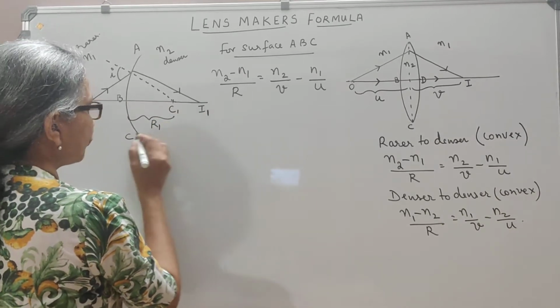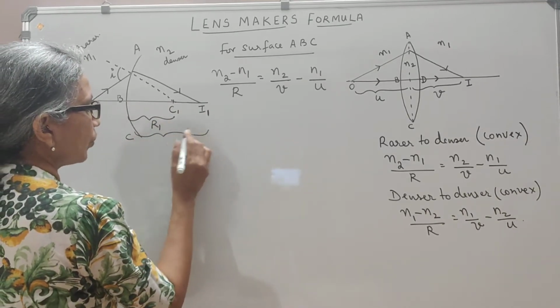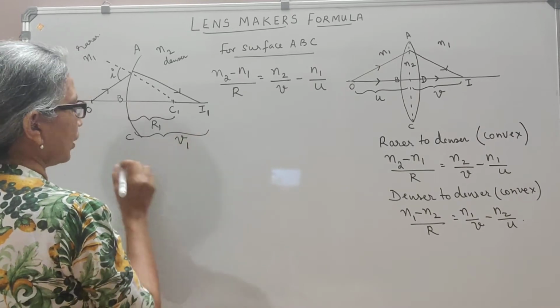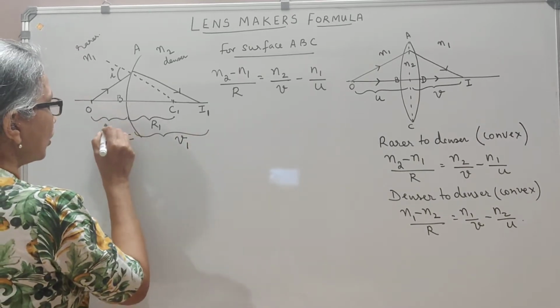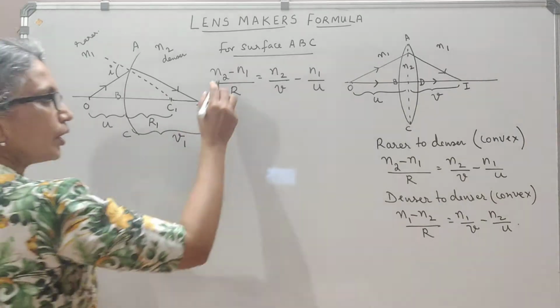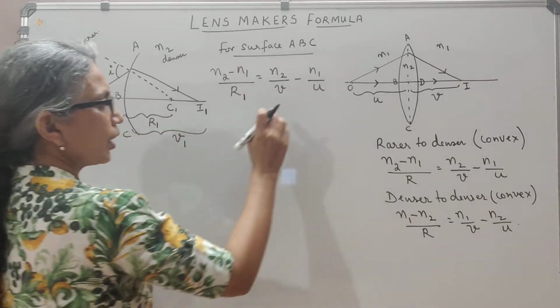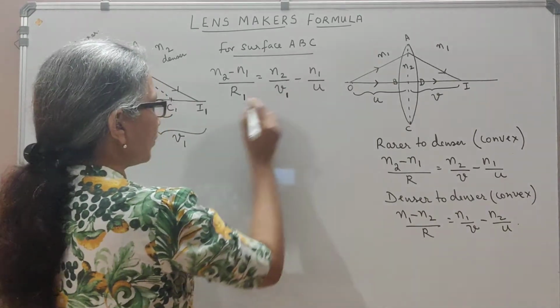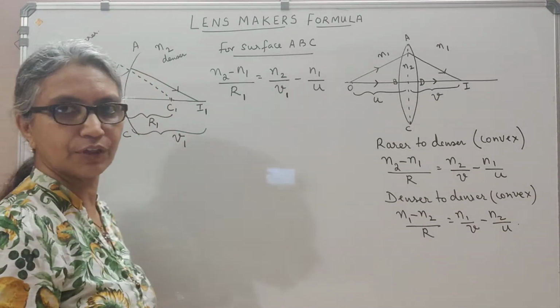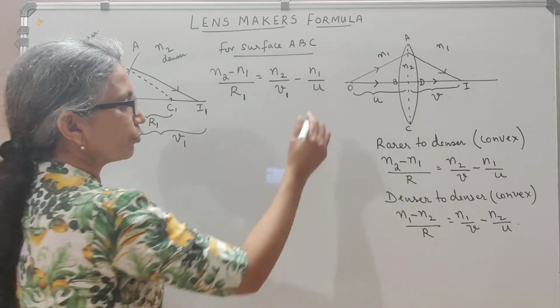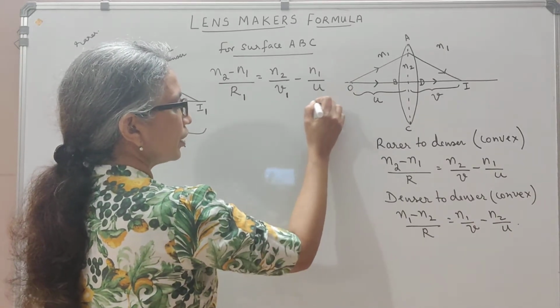I've taken the first image formed as I1, so I'm going to call this V1 and this U. In this equation, R has to become R1 for the surface and V has to become V1 because I've named it V1. The rest of it is right. So this is my first equation.